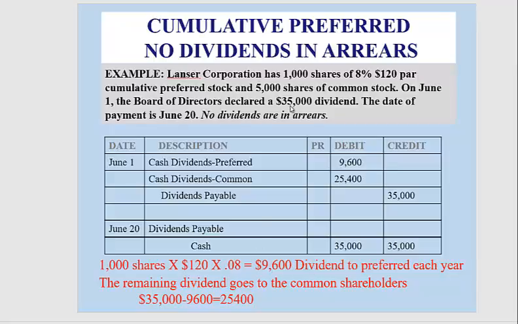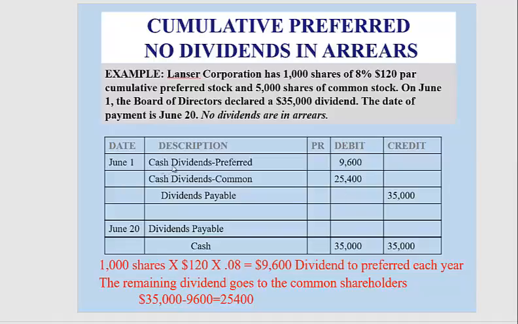Now the dividend was declared for $35,000, so we can figure the amount that the common shareholders will get if we take the $35,000 and deduct out the $9,600, because once preferred is paid, then the common shareholders are entitled to the remainder of the dividend.